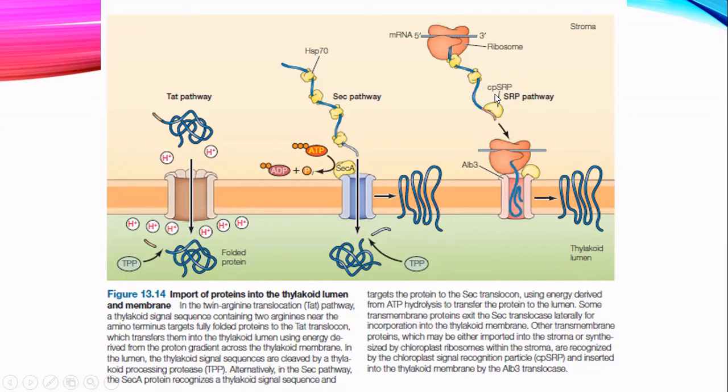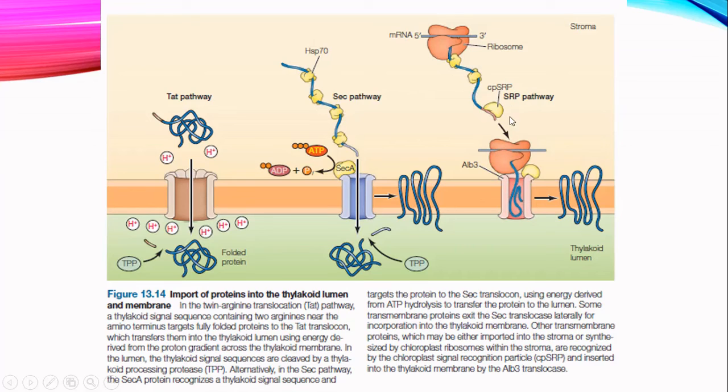Now we have the cpSRP, the chloroplast signal recognition particle, which attaches to the newly translated protein. But it requires the terminal end for the cpSRP to attach to. If this code is not in the protein sequence, the cpSRP will not attach.